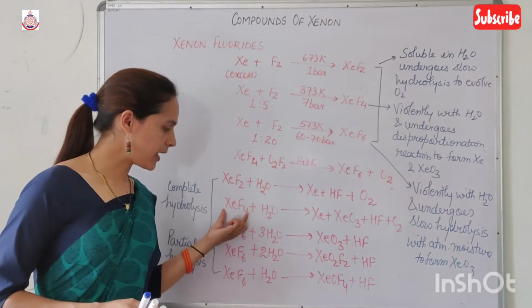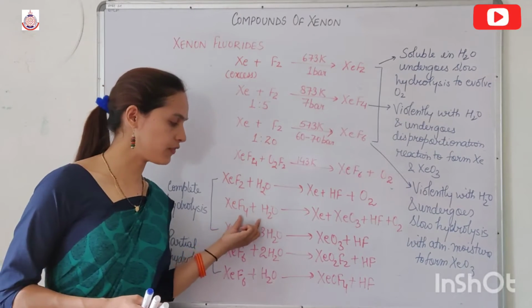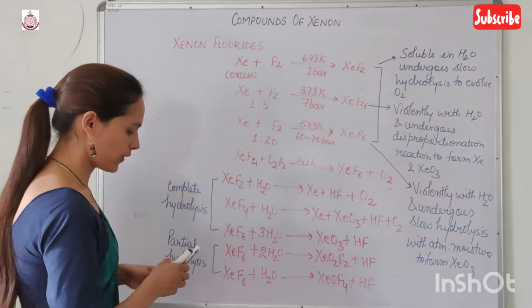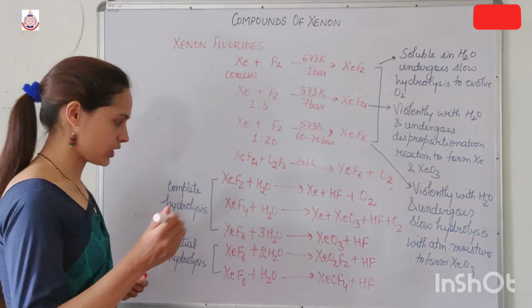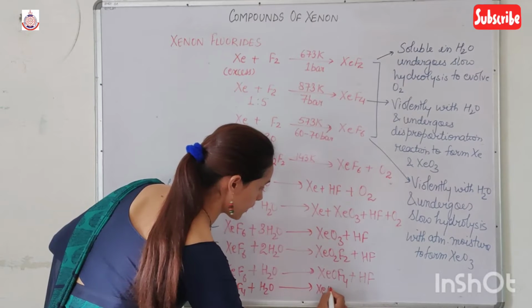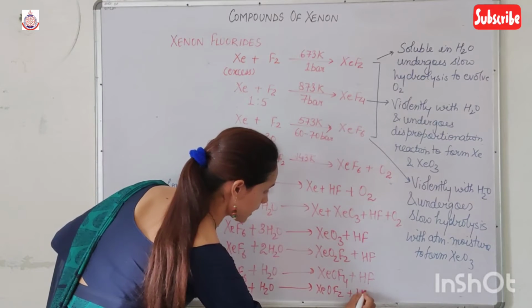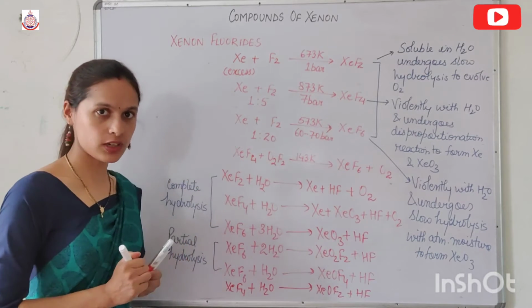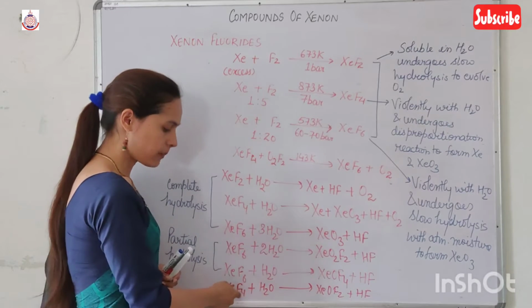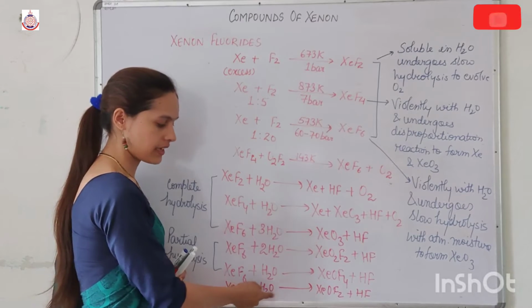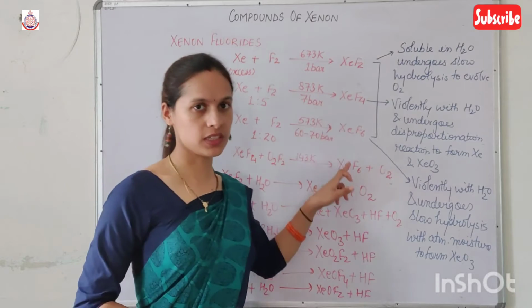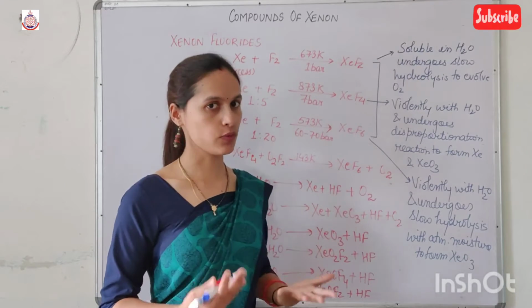Similarly, when there is a partial hydrolysis of XeF4, the reaction forms XeOF2 plus HF. If there is a complete hydrolysis of XeF4, then we get Xe plus XeO3. But if there is a partial hydrolysis of XeF4, then we get XeOF2. So these fluorides of xenon react differently with water.